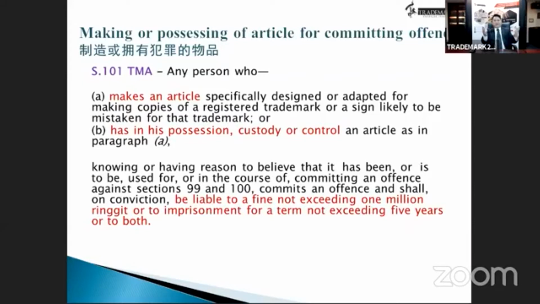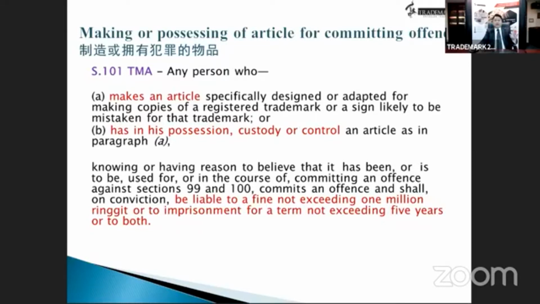So what happened? If you possess the counterfeit product, or have it in custody or in control, you will be fined as well, not exceeding, how much is that? 1 million ringgit or imprisonment for a term not exceeding 5 years or both. This is under section 101 of the Trademark Act.